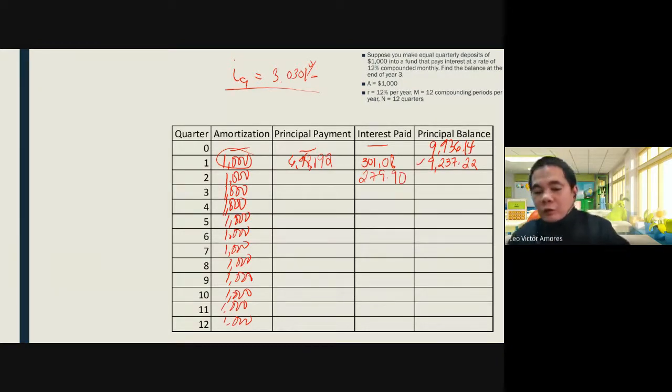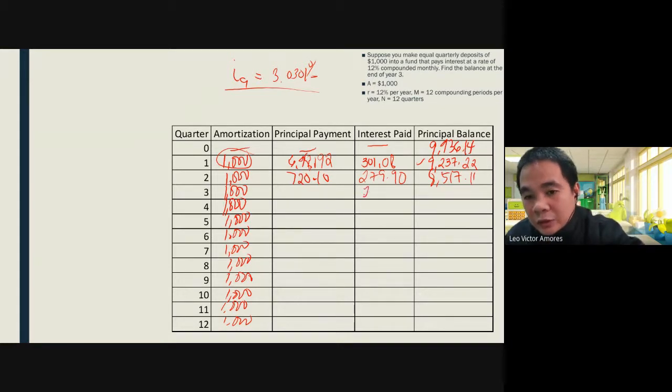So therefore, out of the 1,000 you paid, a portion of it is interest, equivalent to 279.90. So 720.10 is what you paid as principal payment. So your principal balance of 9,237.22 minus the principal payment of 720.10 would be 8,517.11. Clear?